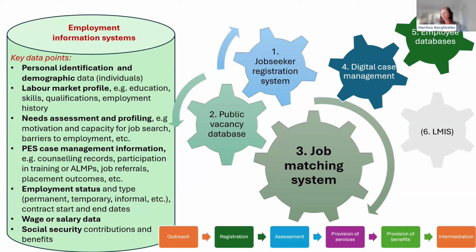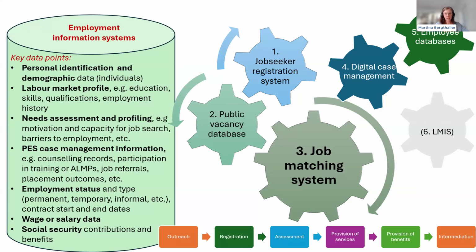So first of all, there are job seeker registration systems that store personal and professional data, sometimes also with profiling tools to identify the needs of job seekers and to support them in finding employment. Secondly, there are public vacancy databases where employers can post vacancies, and job seekers and also the government can access these job vacancies.